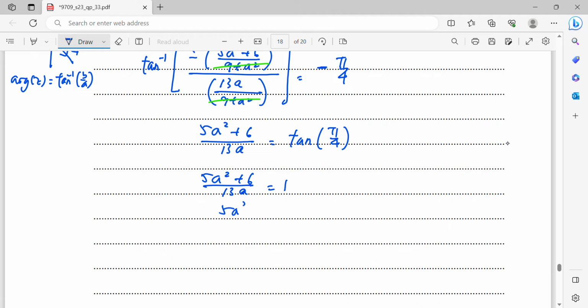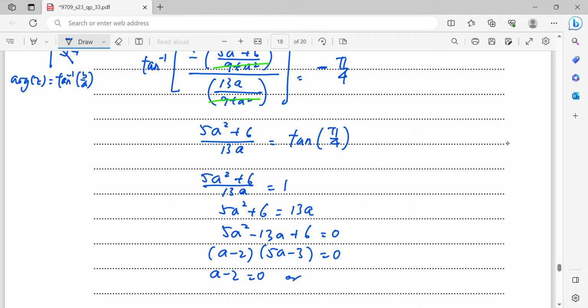Then now 5a squared plus 6 equals 13a. Move the 13a to the left hand side. So 5a squared minus 13a plus 6 equals 0. And now we can factorize this quadratic into two linear factors, a minus 2 and 5a minus 3. So a minus 2 equals 0, or 5a minus 3 equals 0.